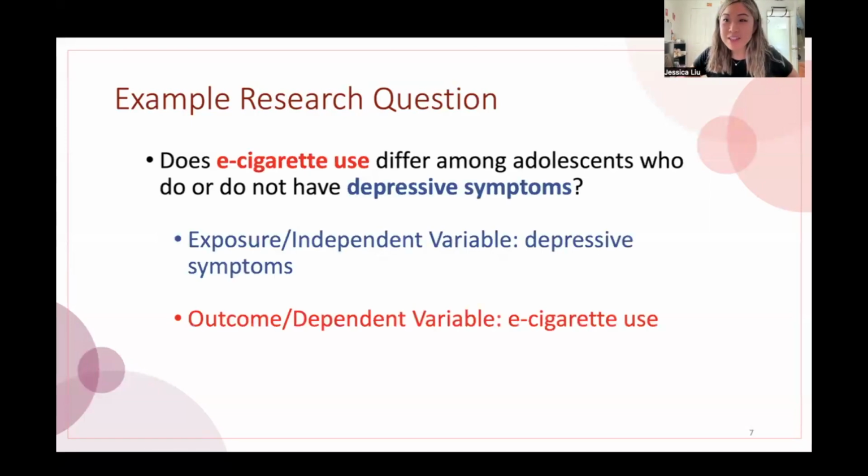So, two main things to identify in these research questions, especially for epidemiological purposes, is there's usually some kind of exposure and then some kind of outcome. In this case, that exposure or the independent variable is the depressive symptoms. And then the health related outcome or the dependent variable is e-cigarette use.